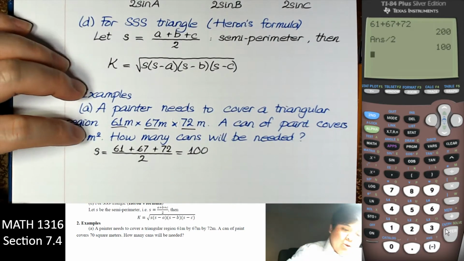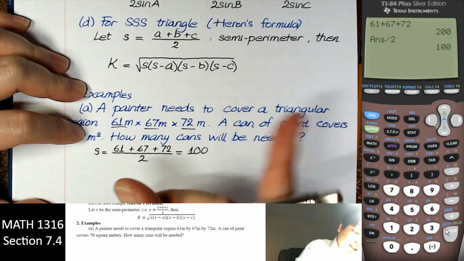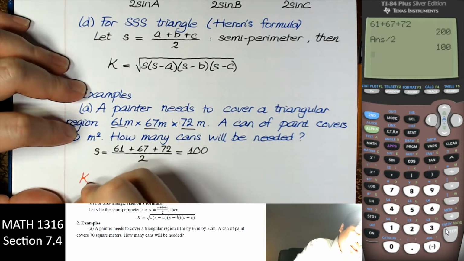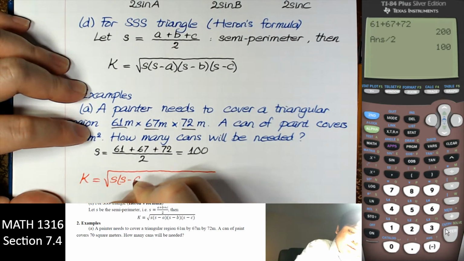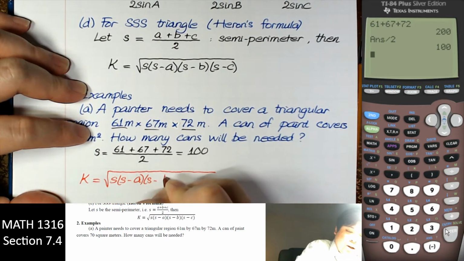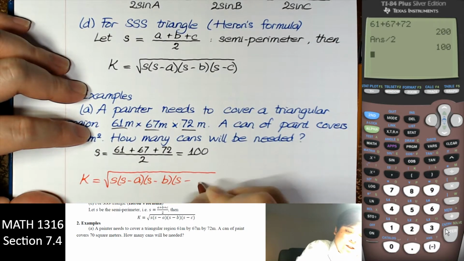And then the Heron formula: s minus a, s minus b, s minus c.